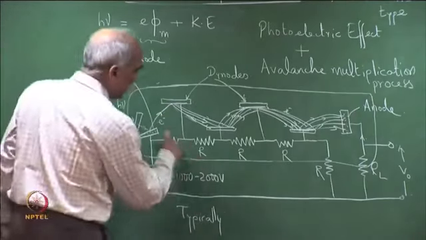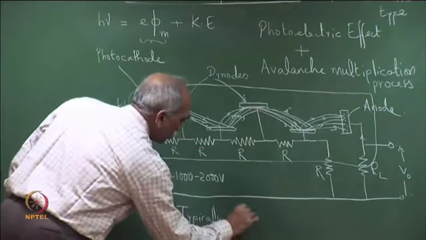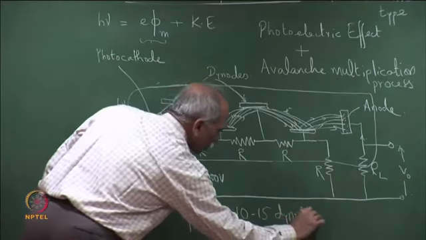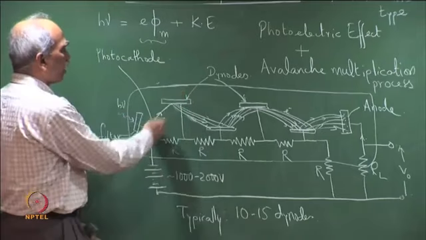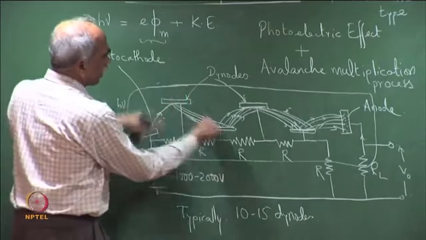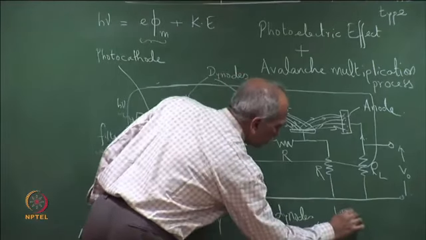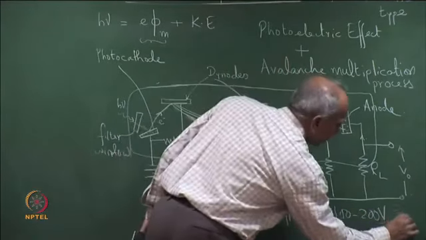Typically a PMT tube contains 10 to 15 dynodes, with an accelerating potential difference of 100 to 200 volts between adjacent dynodes.